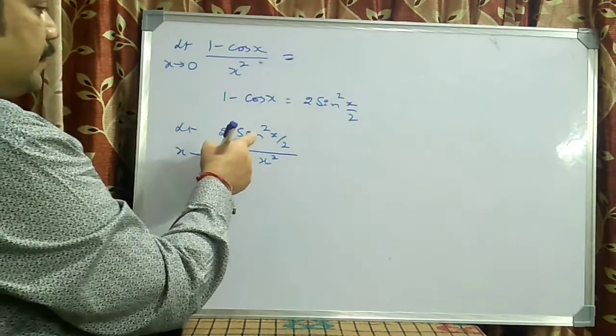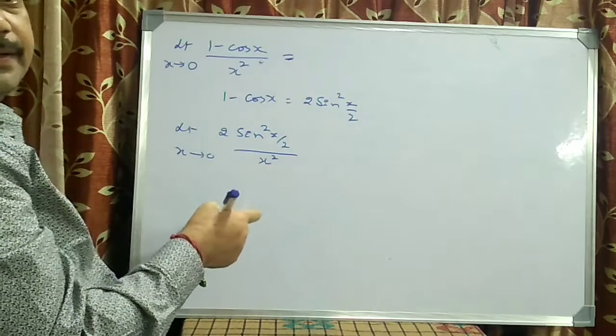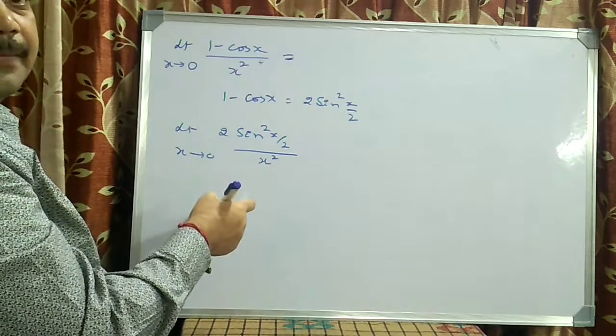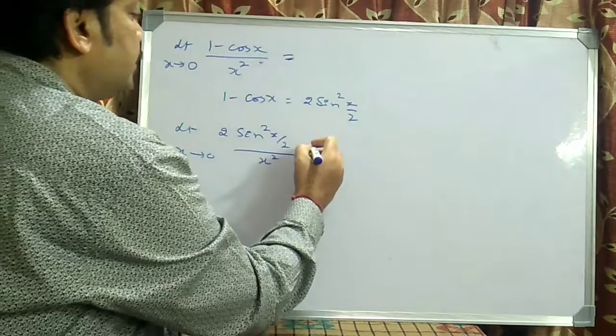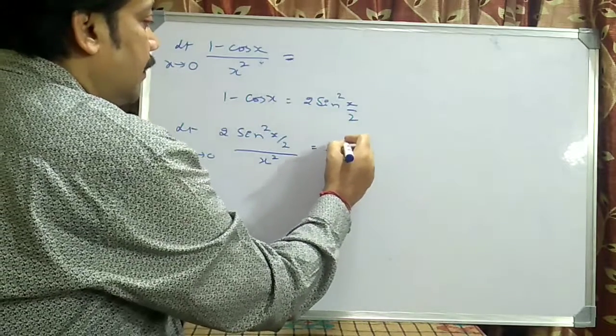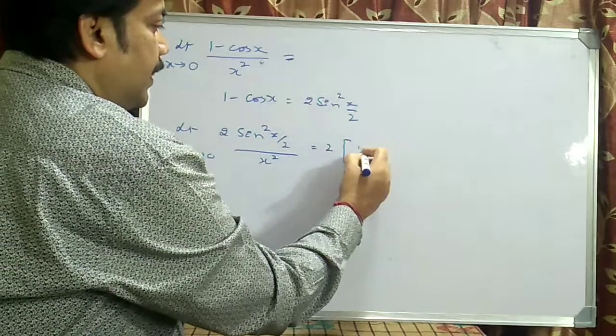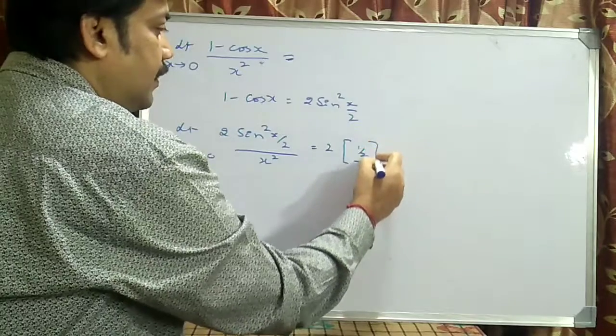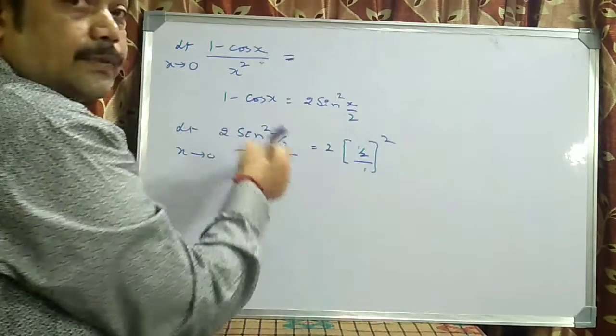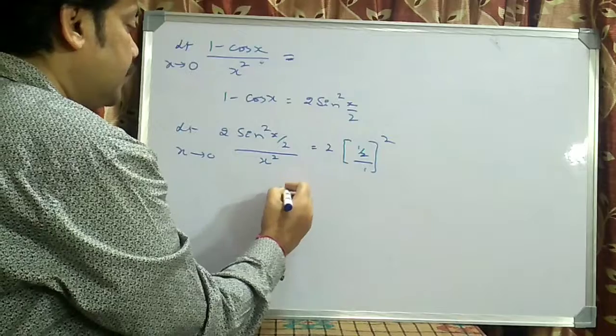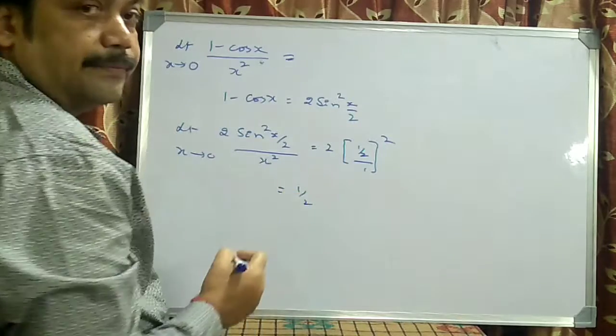Now if you observe, I am having a whole square, both are having the same power, so I can use this in the previous one. Now this is 2 into (1 by 2) whole square by 1 whole square. So the answer will be 1 by 2.